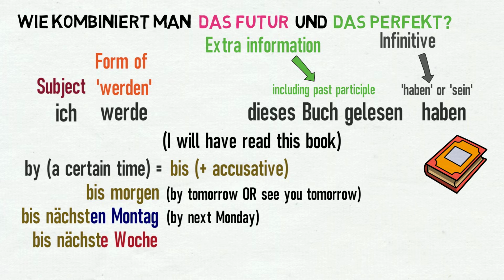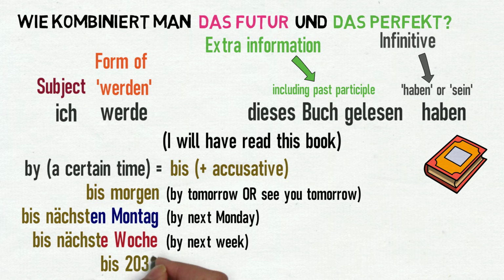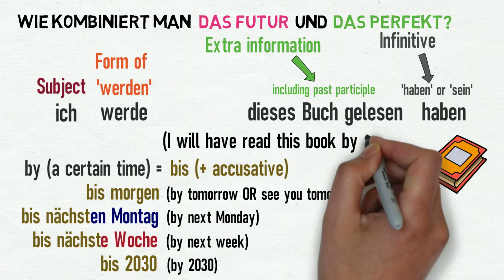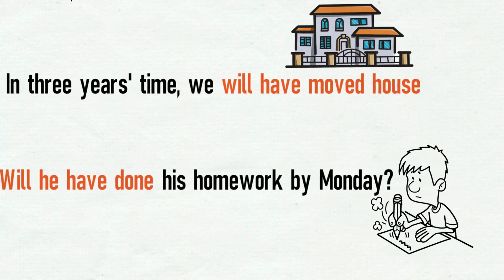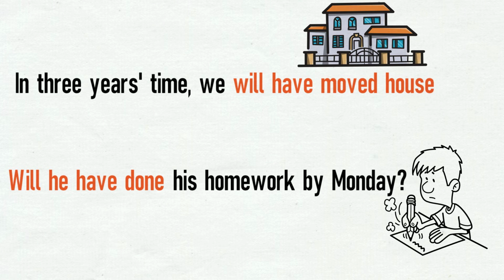Bis nächste Woche, by next week. Bis 2030. By 2030. I will have read this book by tomorrow is therefore ich werde bis morgen dieses Buch gelesen haben.